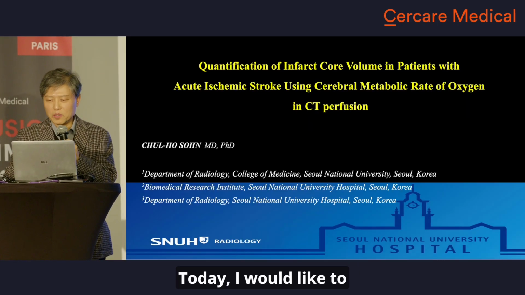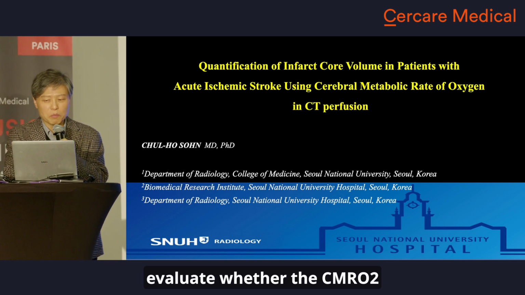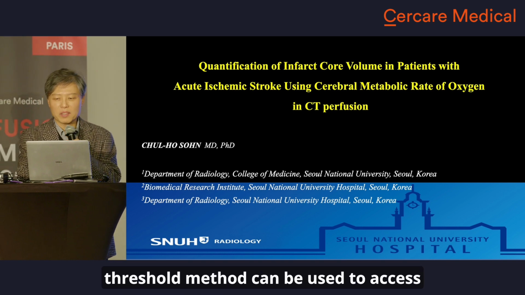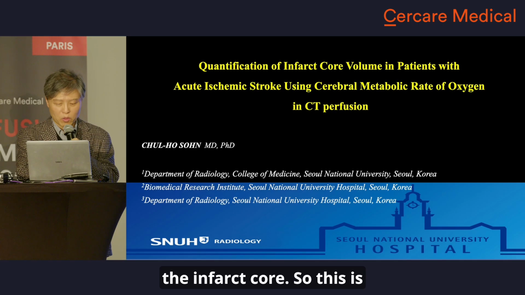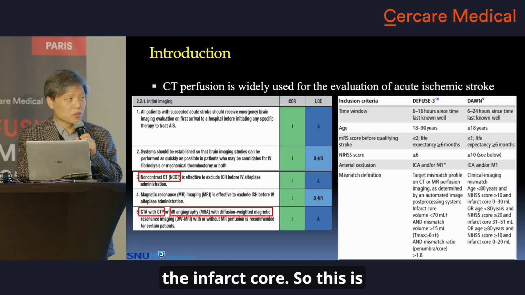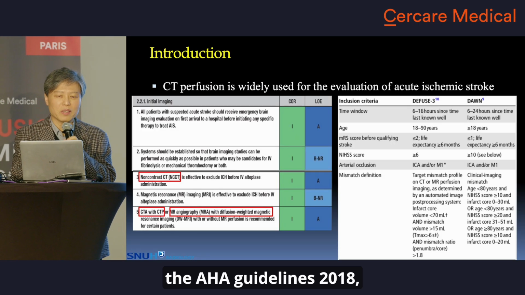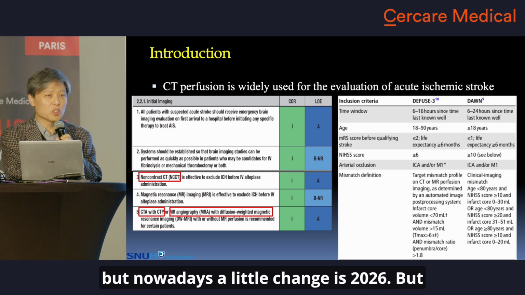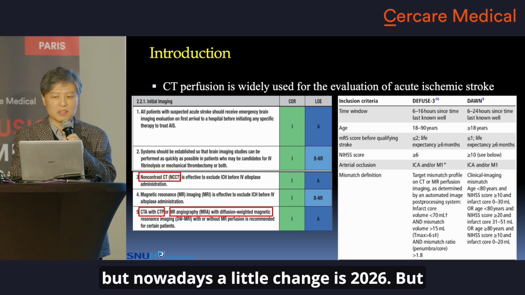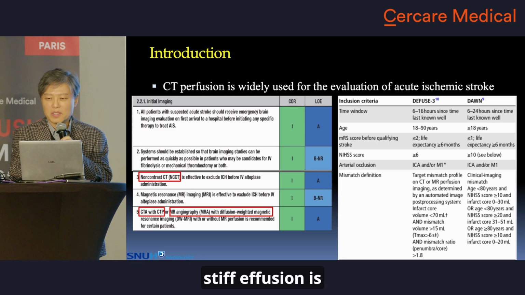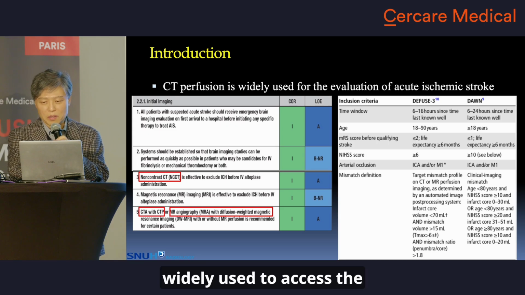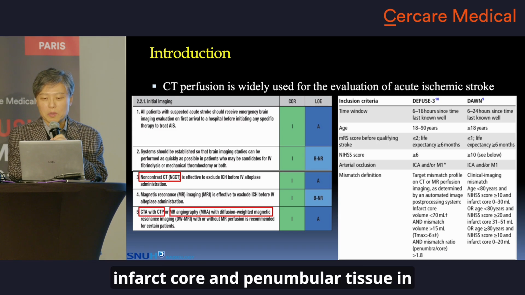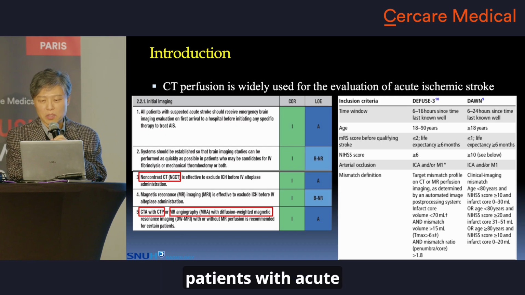Today, I would like to evaluate whether the CMRO₂ threshold method can be used to assess the infarct core. This is the AHA guidelines 2018, but now there are a few changes in 2026. CT perfusion is widely used to assess the infarct core and penumbral tissue in patients with acute ischemic stroke.